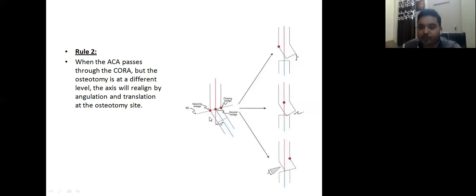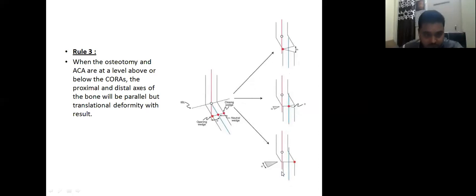So we have to plan the osteotomy at another level. See, in this case the osteotomy is planned here, and the angulation correction axis and CORA are at the other level. When we do it this way, we will get angular correction of the deformity, but with slight translation. That we have to accept, and plan our deformity correction accordingly. So that is rule number two.